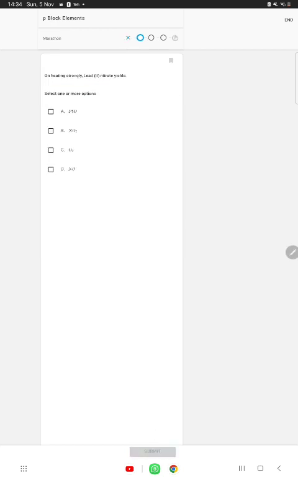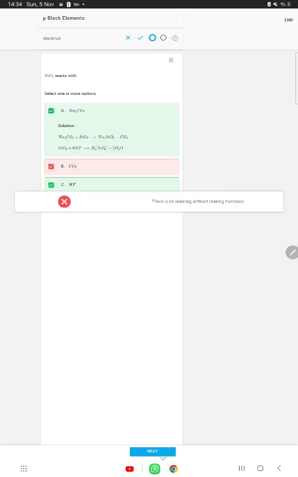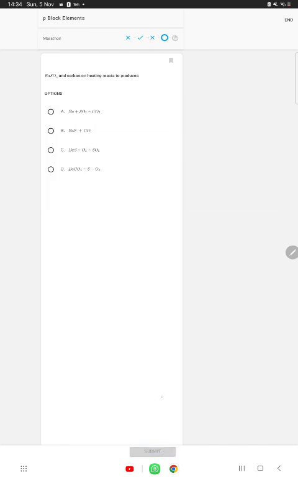On strongly heating lead nitrate PbONO2O2, एक की चीज बार बार आ रहा है. SiO2 react with, select the option. CO2 को हम बार बार सेलेक्ट कर रहे हैं भैया. BaSO4 तो BaS प्लस CO.